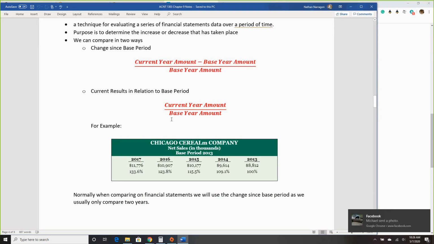Odds are, we're going to take the current year minus base year. Let's see which one they want. There's two ways.